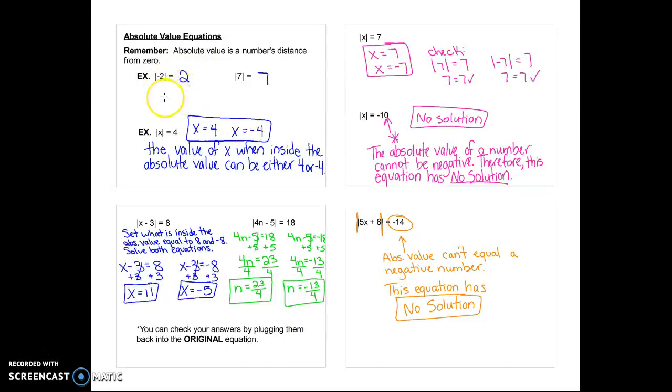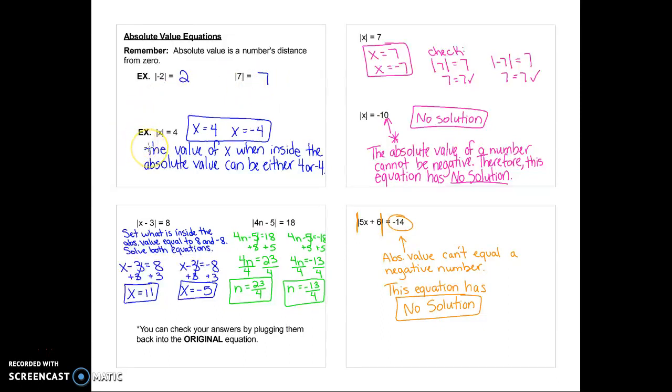It takes me 2 units to get from 0 to -2. So -2's distance from 0 is 2. Then if I had the absolute value of 7, that's again asking what is this value's distance from 0. Well, again, if you think about plotting this on a number line, the value of 7 is 7 units away from 0. So the answer is a +7.